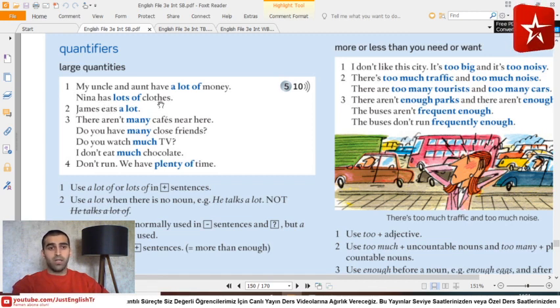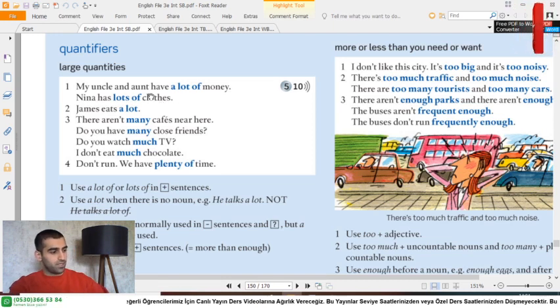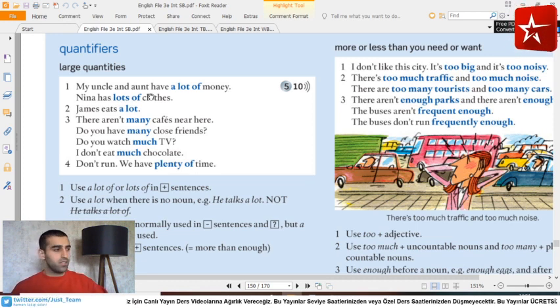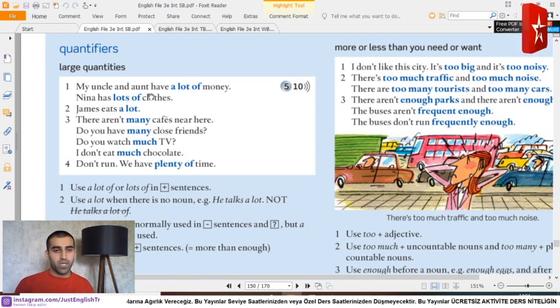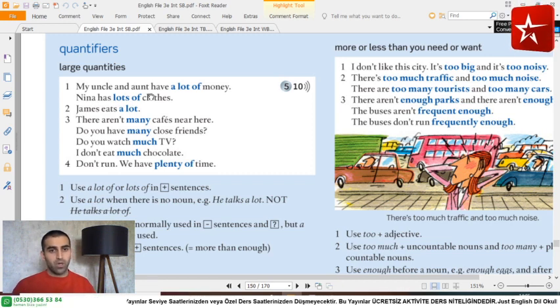So we can use a lot of and lots of for positive sentences. You can ask me why not negative or interrogative sentences. Why? Because we have many and much.